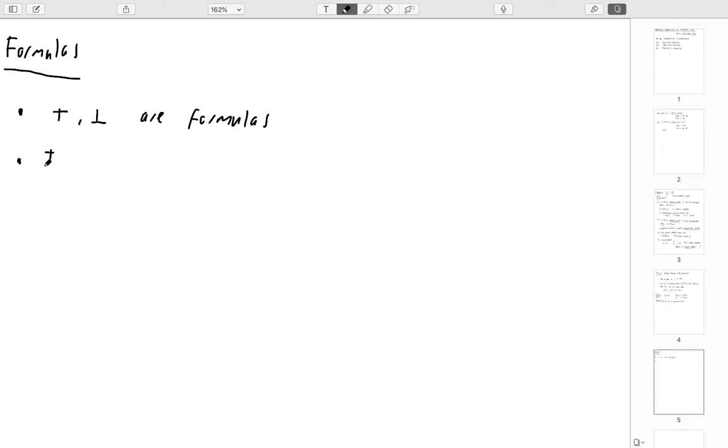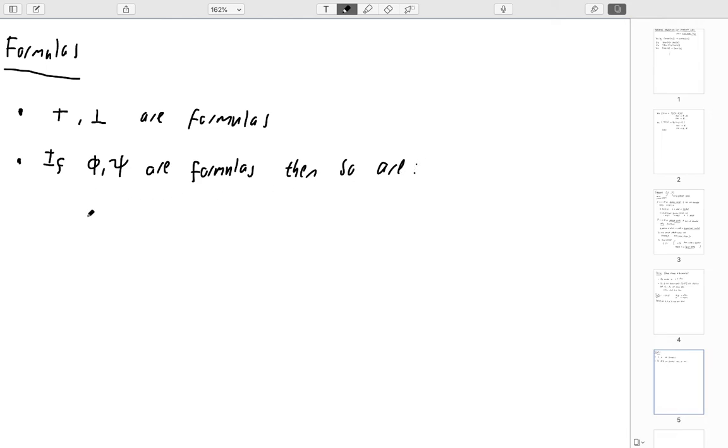We can also build new formulas from formulas we've already constructed by using the propositional connectives that we have in propositional logic, so conjunction, disjunction, implication, negation. So if phi and psi are formulas that we've already constructed, then so are all the following.